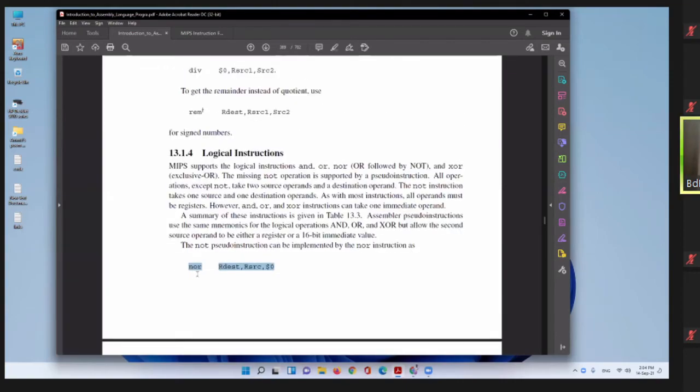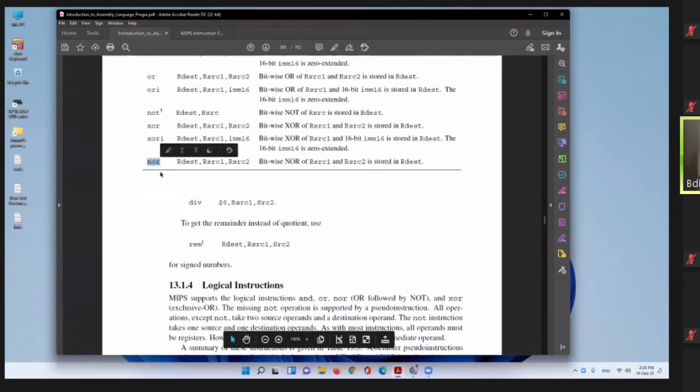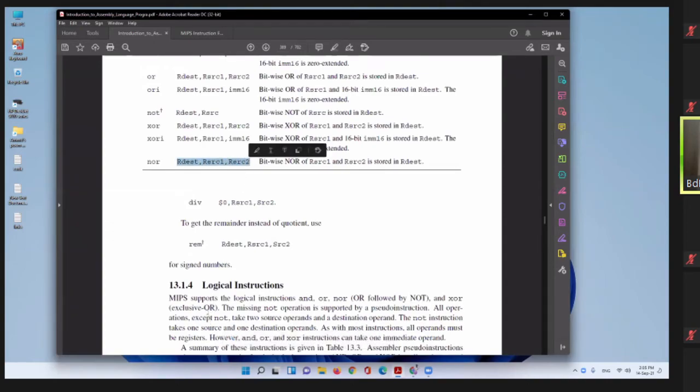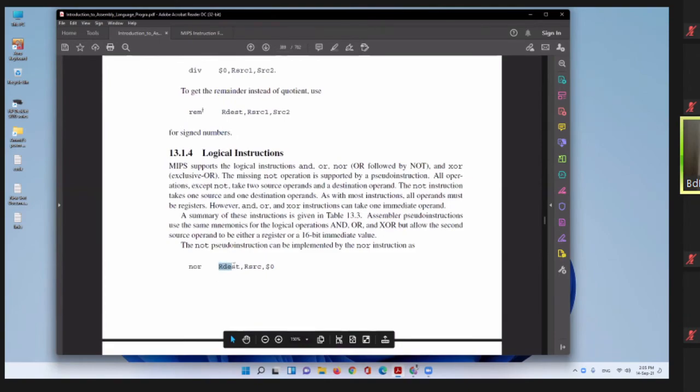This is a NOR. That means the opposite of OR. And look at the format: destination, source 1, source 2. Right? Destination, source, and this one. What does this mean?